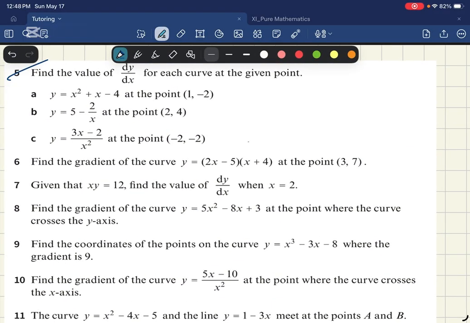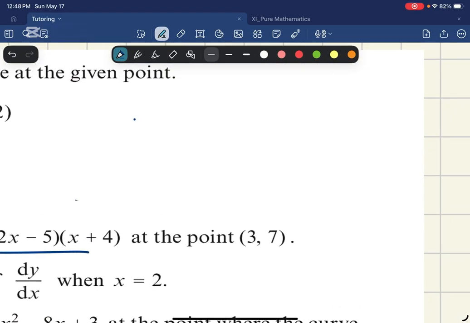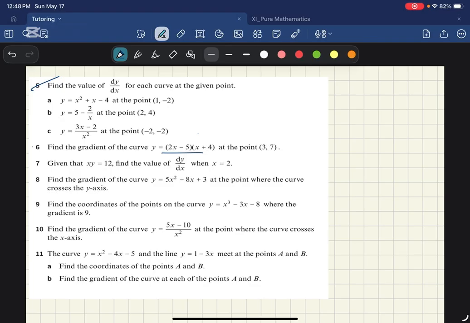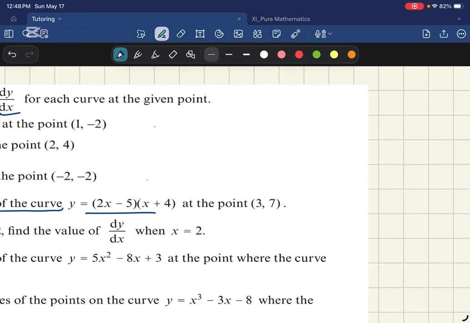Alright, to find the gradient of the curve is the same thing, right? So I'm going to find the gradient of the curve at a particular point, and finding dy by dx of a curve at a particular point is the same thing. So y is going to be 2x squared plus 8x minus 5x minus 20. So 2x squared plus 3x minus 20.